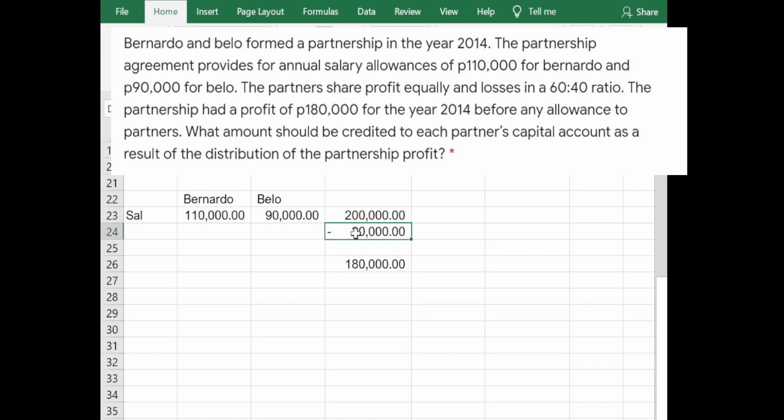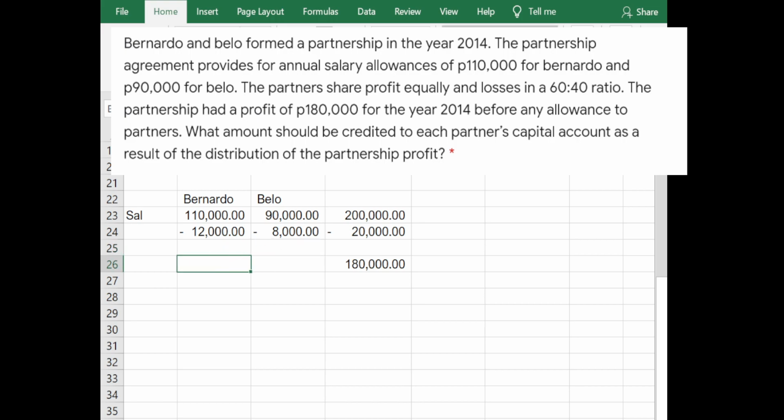So it means the partners will divide this using the agreed loss ratio of 60:40. So 20,000 times 60% for Bernardo, and the other one is 40%.